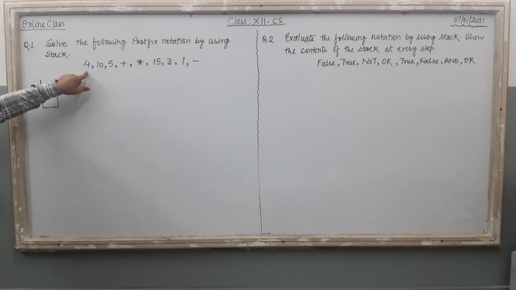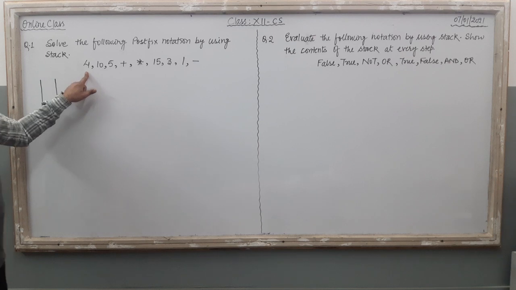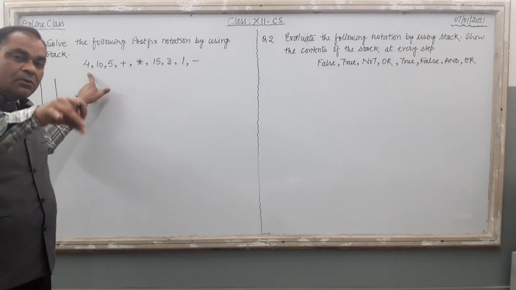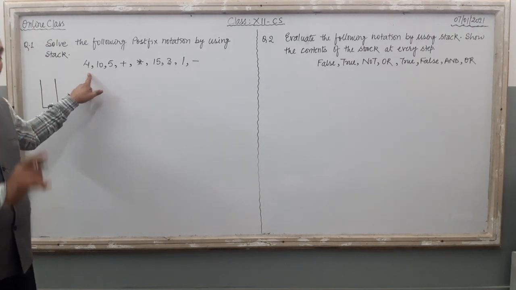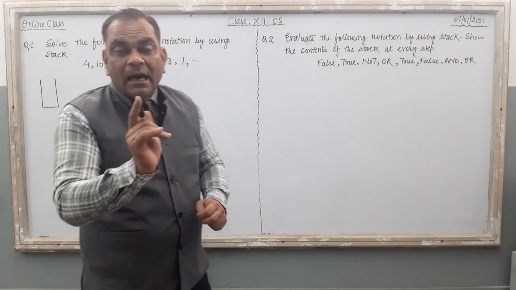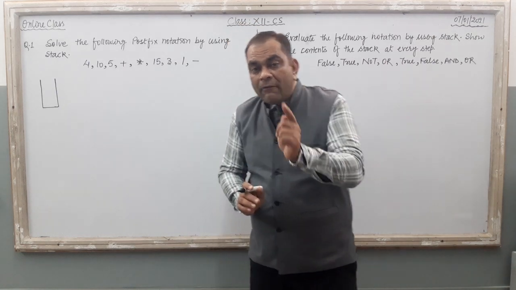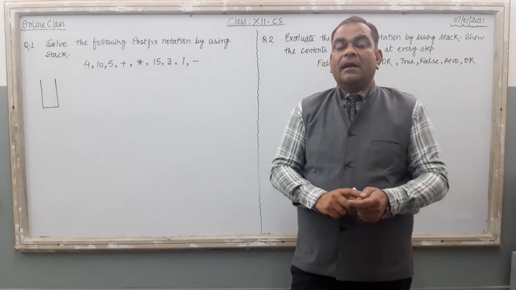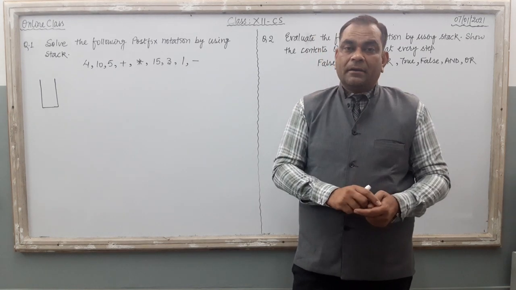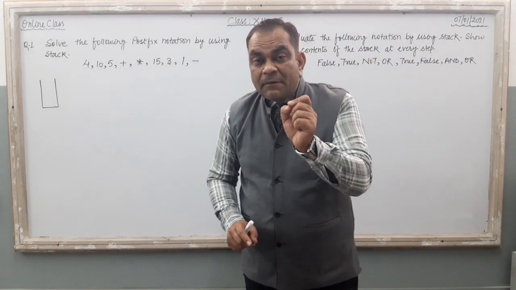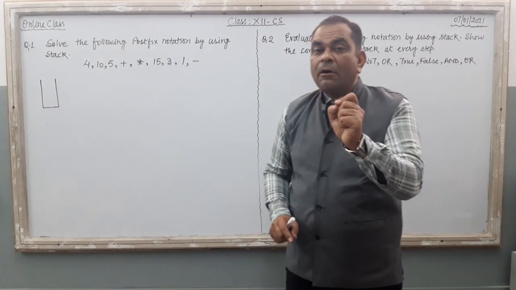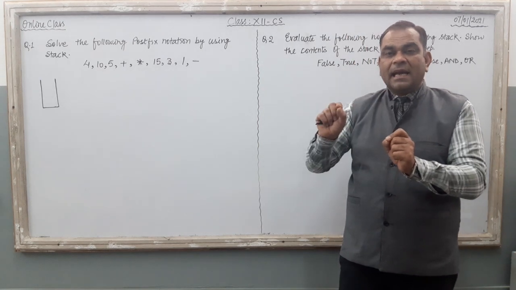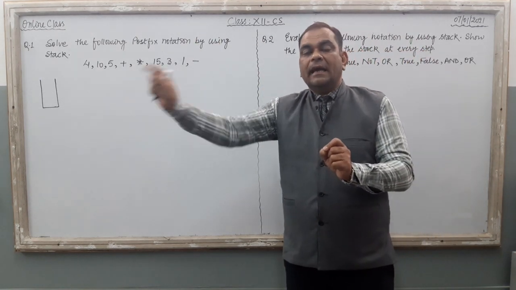Now just see the equation. You have to take the operand from the equation and push the operand into the stack. Now, if any operator is available in the equation, you have to check whether the specific operator is a unary operator or a binary operator. If it is a unary operator, then pop one value from the stack, evaluate, and put the result back.